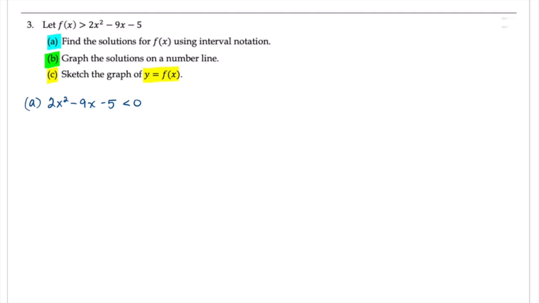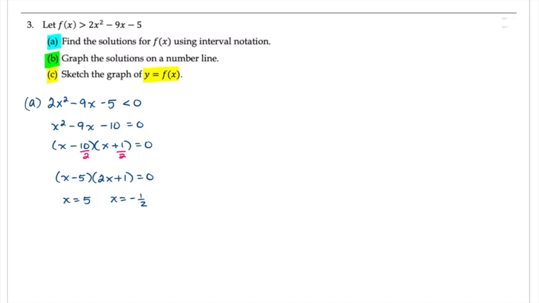At this point, let us start using our factoring skills to factor this and find the roots or critical numbers. All right, so we have these possibilities. For part B, since I'm going to need to graph it, I'll put it on this side here.